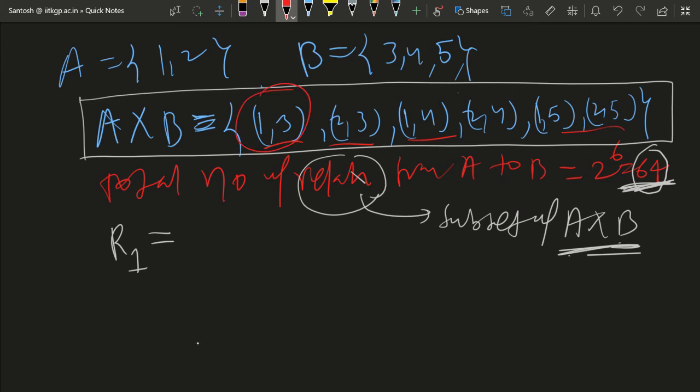This is like A, B, C, D, E, F. There are six elements here. In a similar manner, there are 64 subsets. So you tell me any one subset.